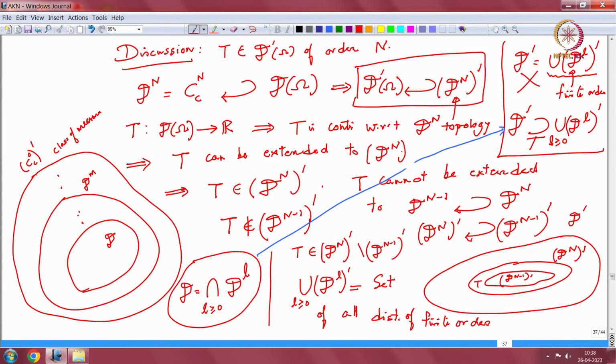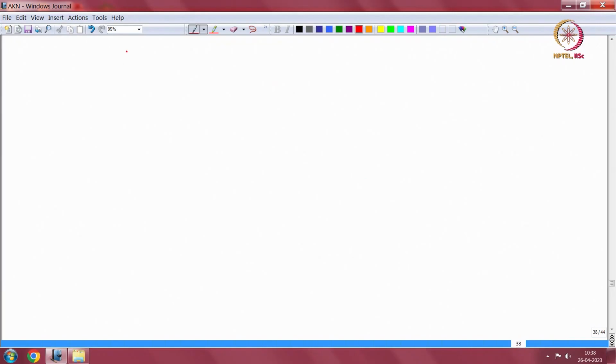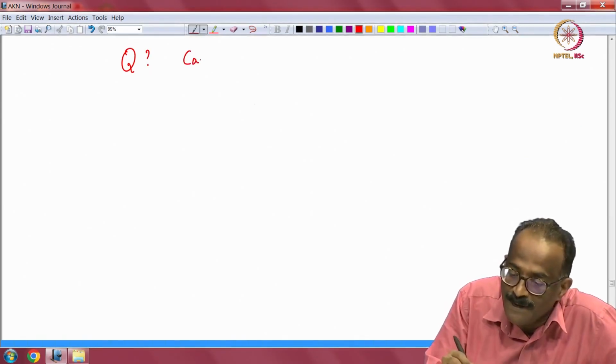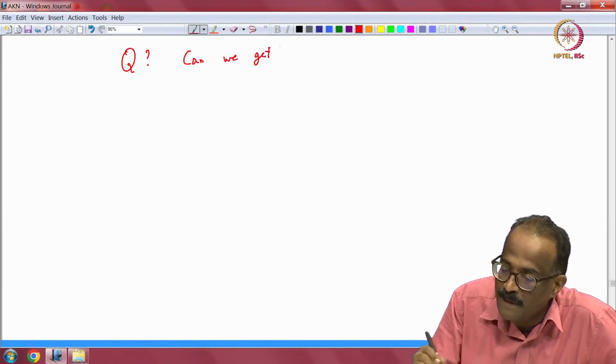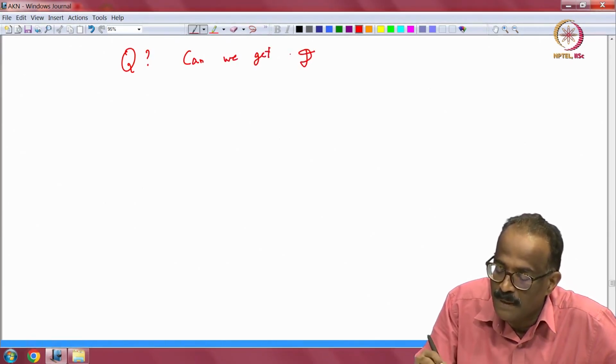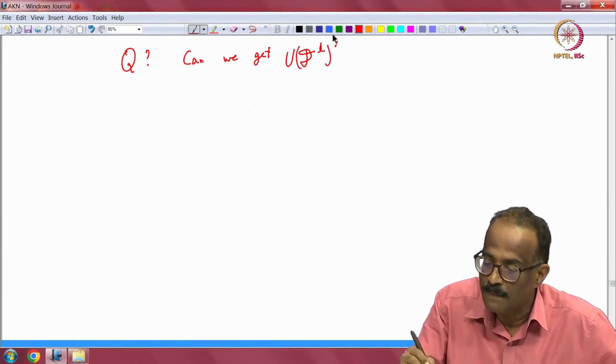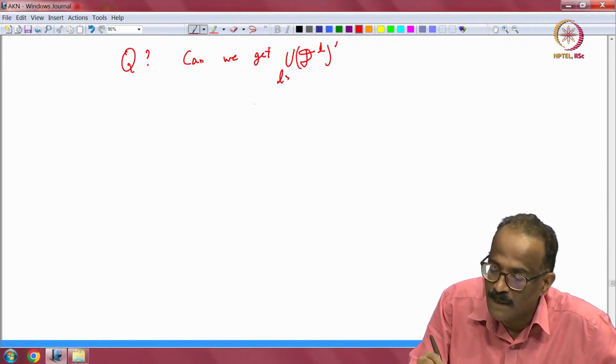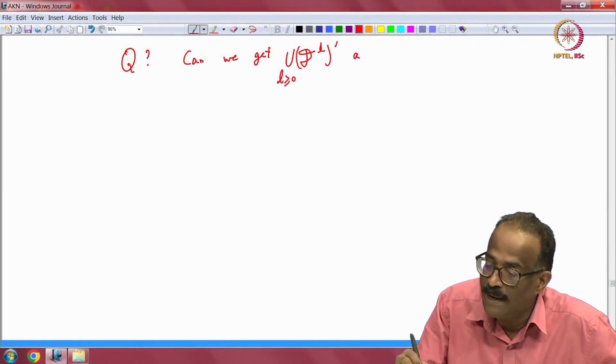So the other question: can we identify the union of all D^l prime, as l greater than or equal to 0, as a dual? That is the question.